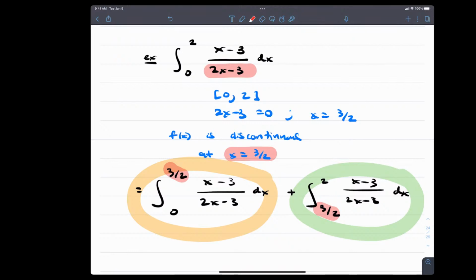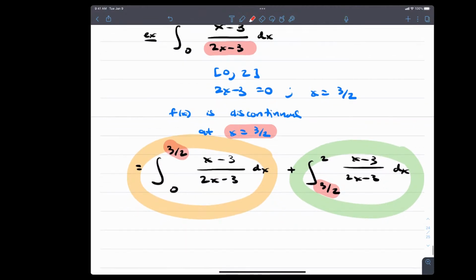Yeah, 1.5, 0 to, yeah, that's good. Mentally, I was like, yeah, 1.5, so it was there, between 0 and 2.